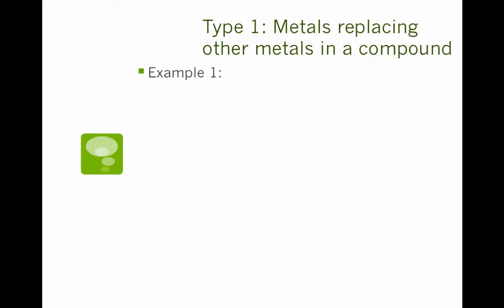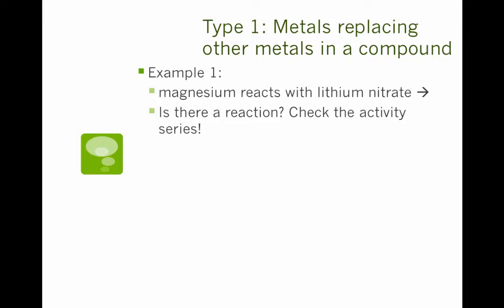Let's look at a couple of examples. First, we have magnesium reacting with lithium nitrate. We have to check our activity series to see if there is going to be a reaction. We can see from our activity series that lithium is above magnesium, therefore there's no reaction. Magnesium cannot replace lithium because lithium is more active than magnesium.